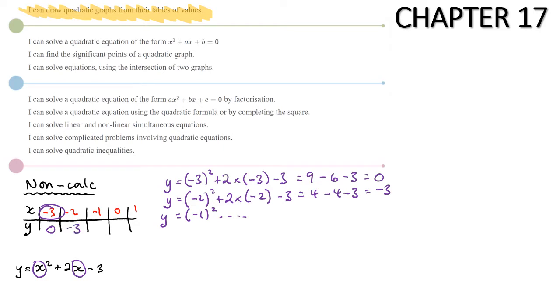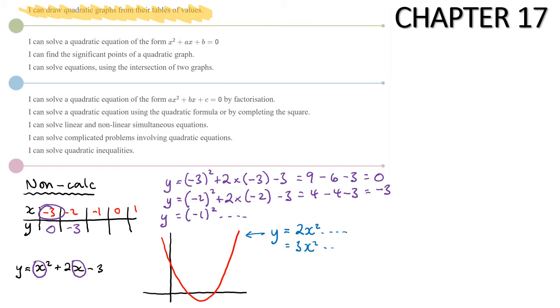Now what's important is when you plot these points, a quadratic will either give you a graph which is U-shaped like this, though it may be in a different place, and you'll get that type of graph when the number in front of x squared is positive, like 2x squared or 3x squared.